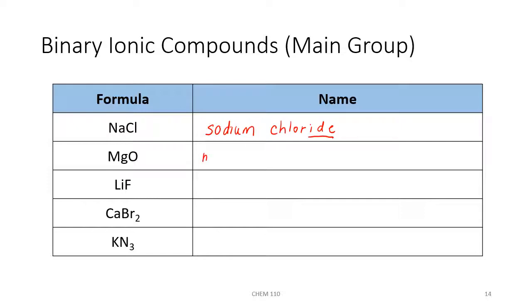MgO, the metal, is listed first, and this is magnesium. Oxygen is the nonmetal, and we change that to oxide. LiF, Li is the element lithium. F is the nonmetal fluorine, and that will be changed to fluoride. Lithium fluoride would be the name.